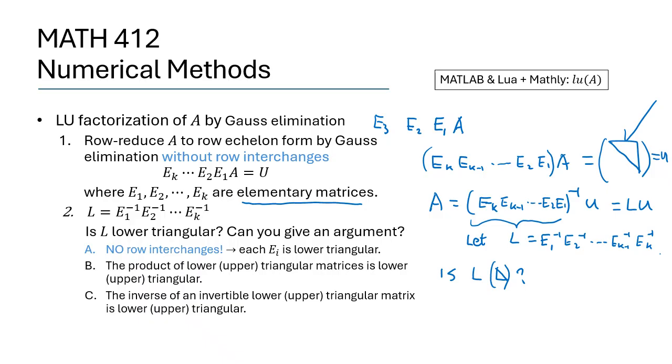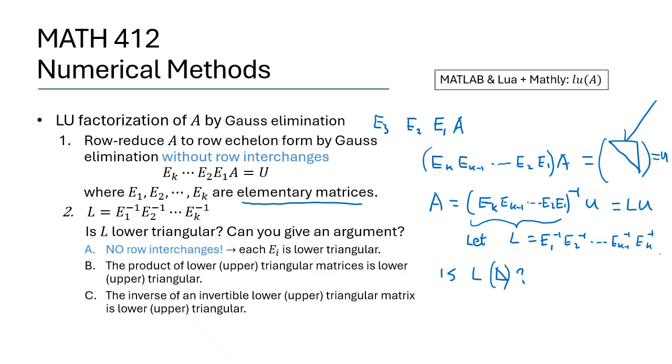To answer this question, we go back to our assumption: no row interchange in the whole Gaussian elimination process. Now, how do we see that L is lower triangular?